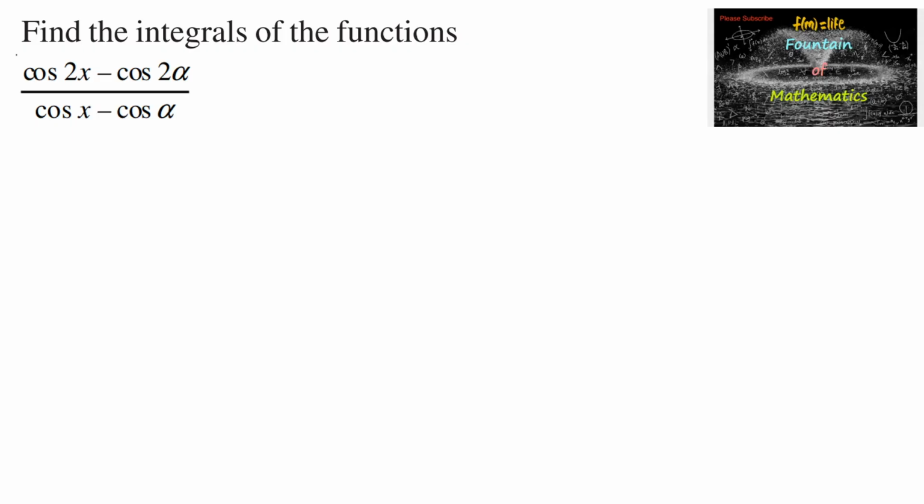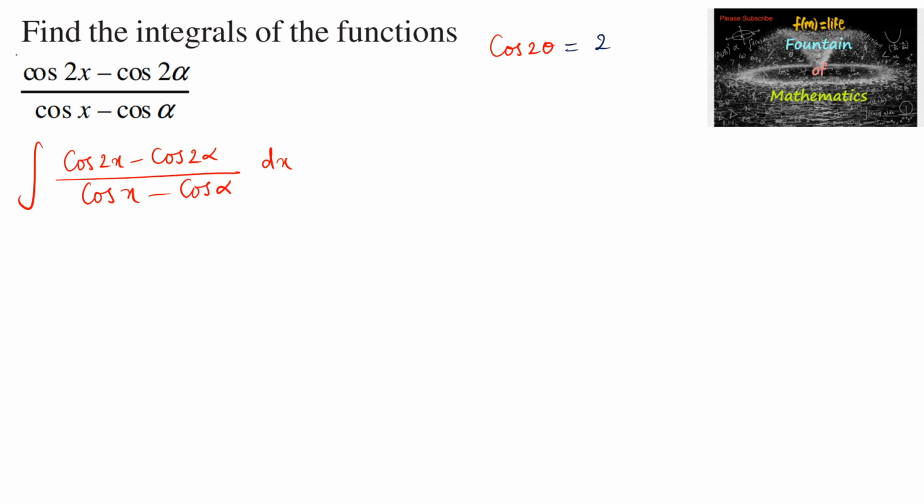Find the integral of the function (cos 2x minus cos 2 alpha) divided by (cos x minus cos alpha) dx. And we know that cos 2 theta is equal to 2 cos square theta minus 1. So let us substitute here.